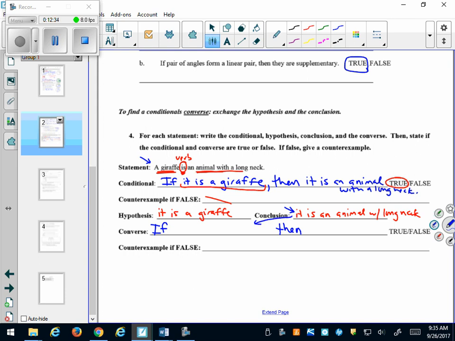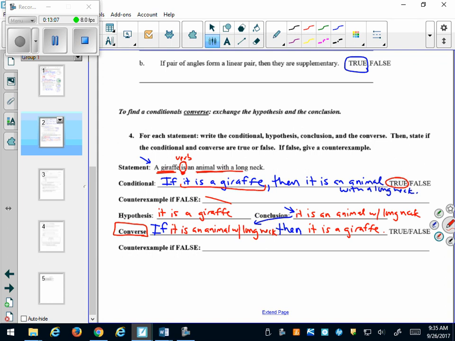So if it is an animal with a long neck, then now the hypothesis is going to become the conclusion. It is a giraffe. So you're just switching it around. Our original was, if it is a giraffe, then it's an animal with a long neck. And the converse is, if it's an animal with a long neck, then it's a giraffe.